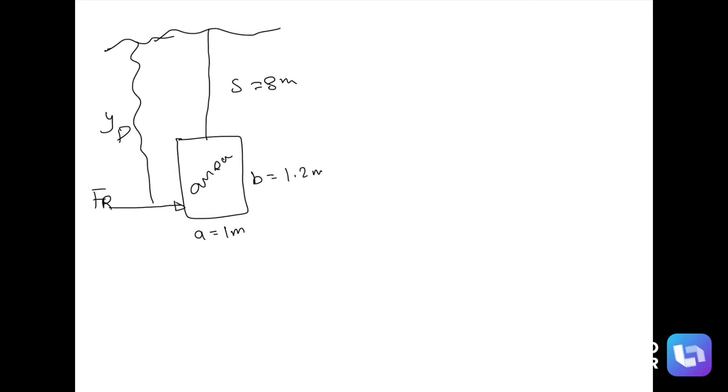The equation says FR equal P atmospheric plus rho g times the depth of centroid, which is S plus B divided by 2, times the area, AB. Since we know that there is air inside the car at atmospheric pressure, we neglect it.